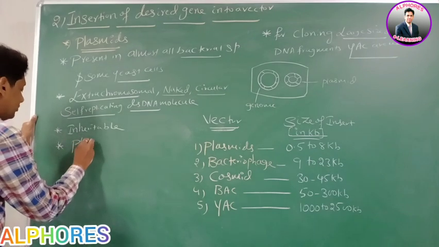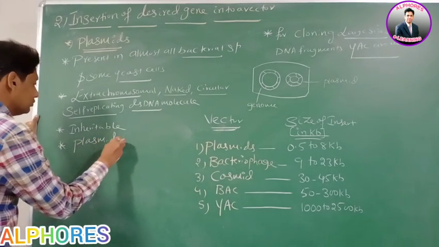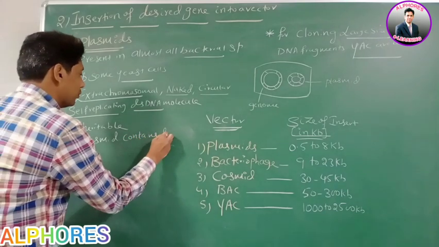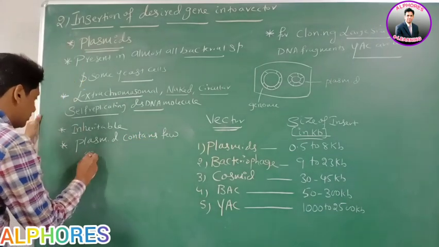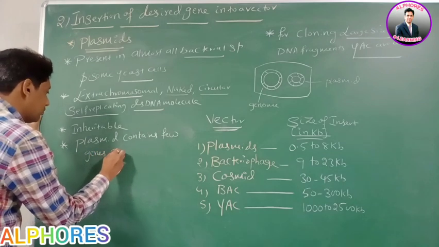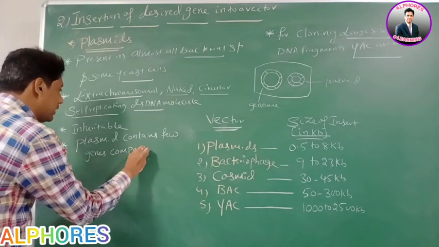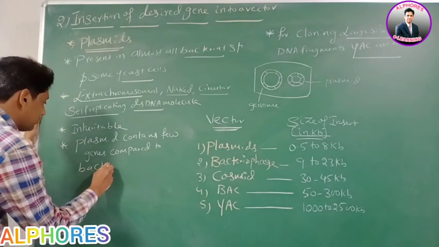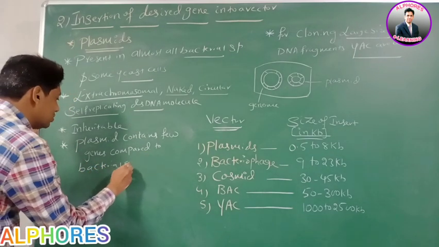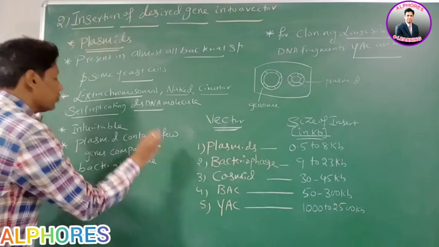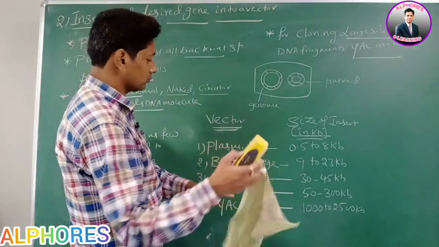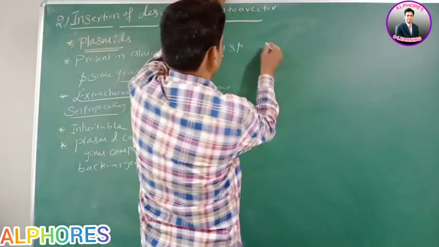Plasmid contains few genes compared to what? Bacterial genome. Compared to bacterial genome, it is having few number of genes present in plasmid.